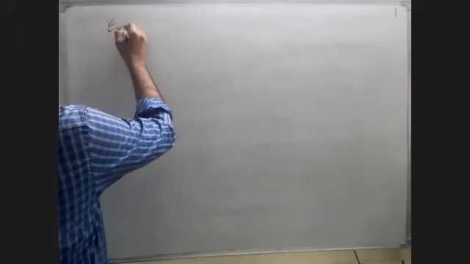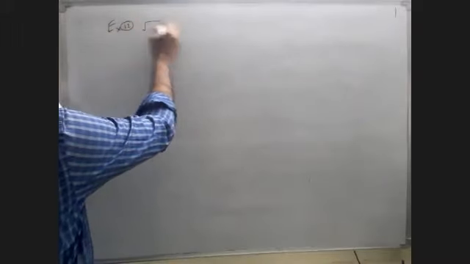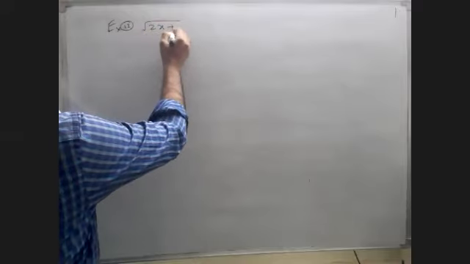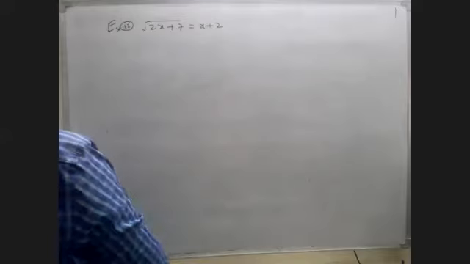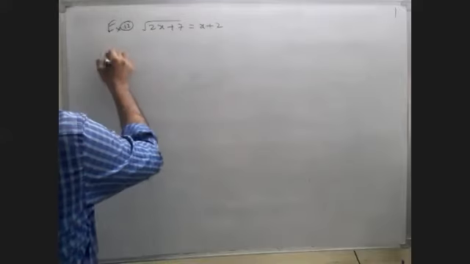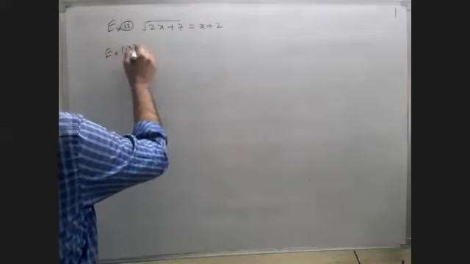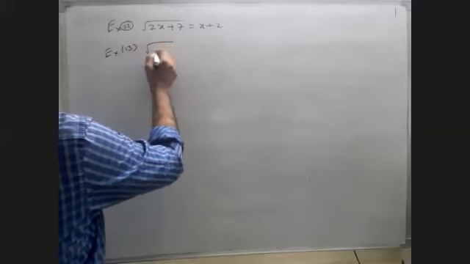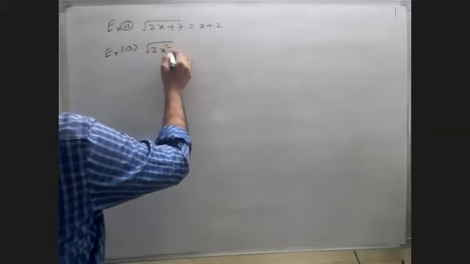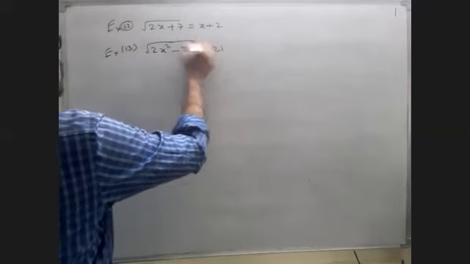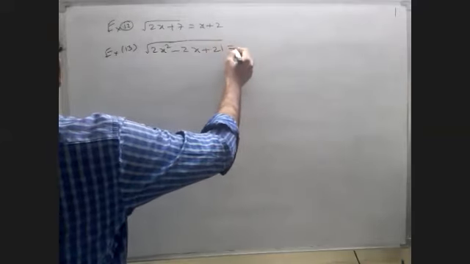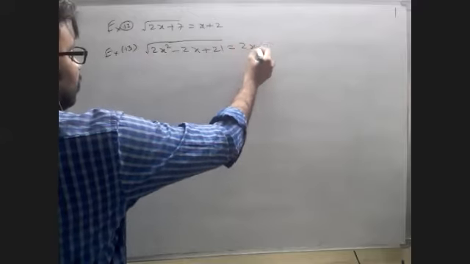Example 12 question is root over 2x plus 7 is equal to x plus 2, and example 13 is root over 2x square minus 2x plus 21 is equal to 2x minus 3.